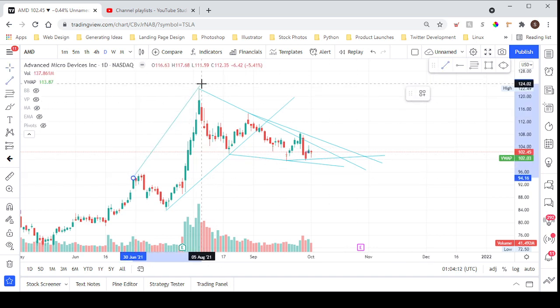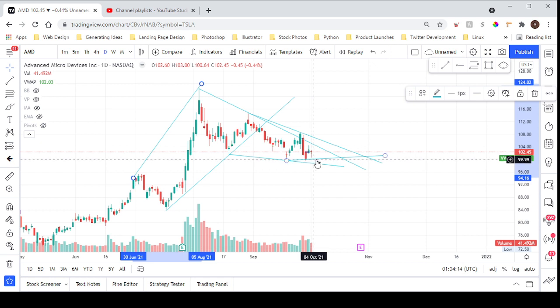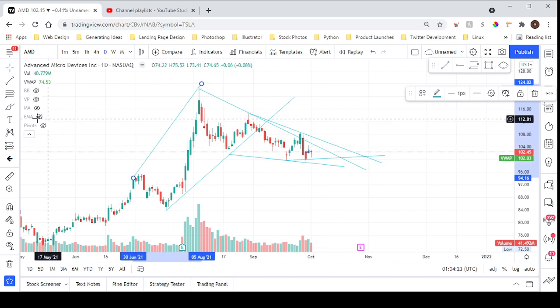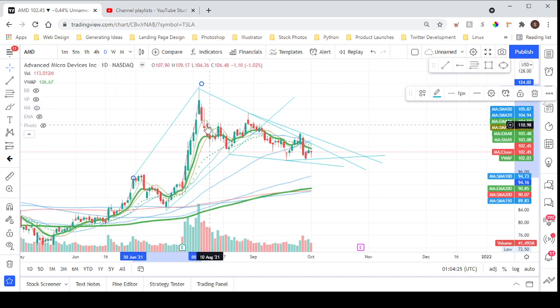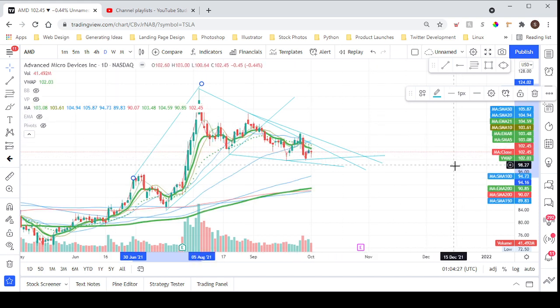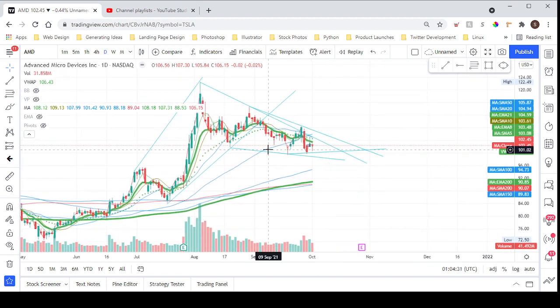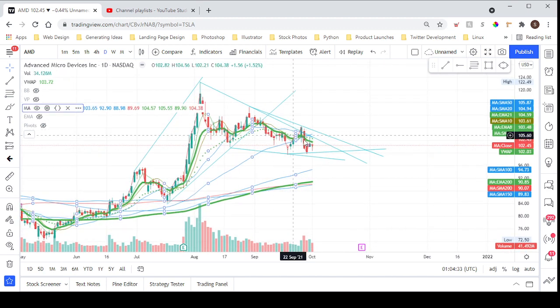But it's a watch. I mean, it may bounce, but I would rather see it just make more moves towards the upside. And also, just to make things a little bit interesting, let me add the moving averages. Okay, so you can see there, these are my moving averages. I have quite a few, and that's these little lines here.